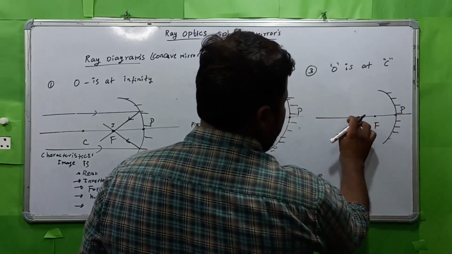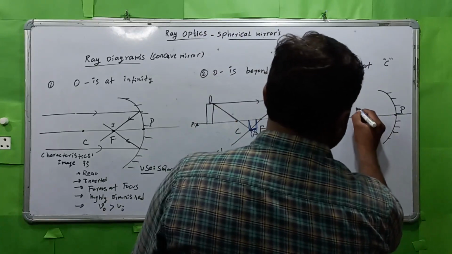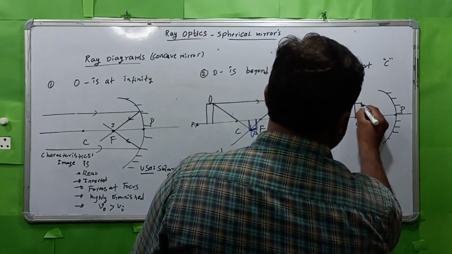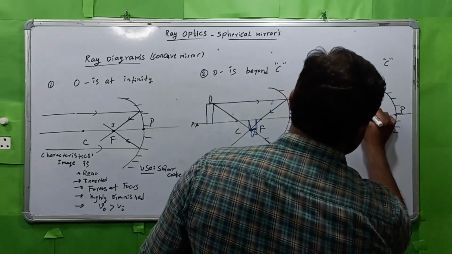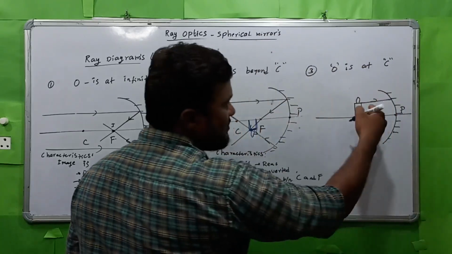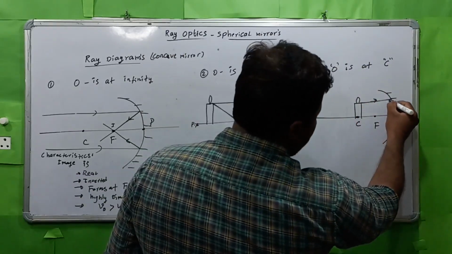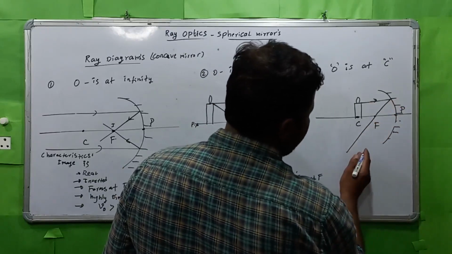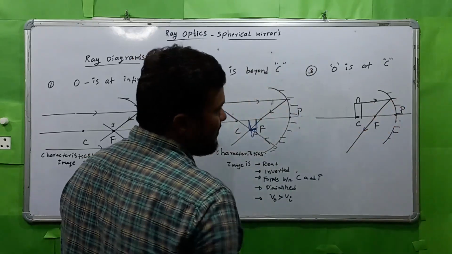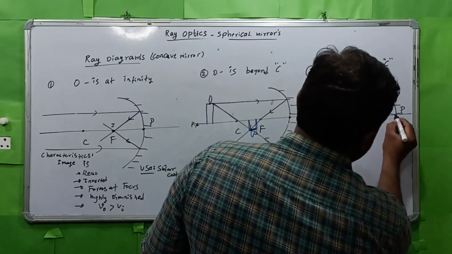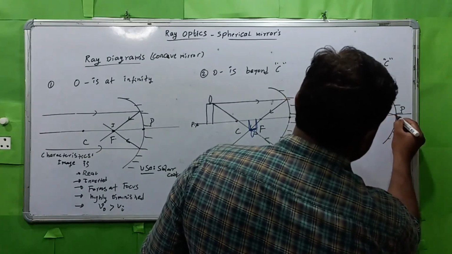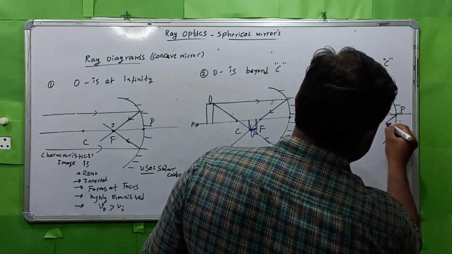These are always equidistant. Now the object is kept at C. Minimum 2 rays are required to locate the image. If a ray moves parallel to the principal axis, after reflection it moves through the focus: first reflected ray. For the next rule, if any ray is incident at the pole, it reflects symmetrically back with the same angle.